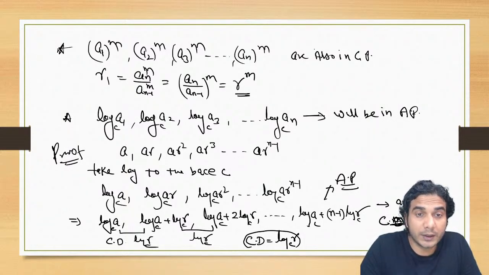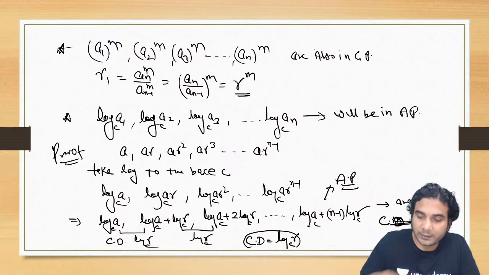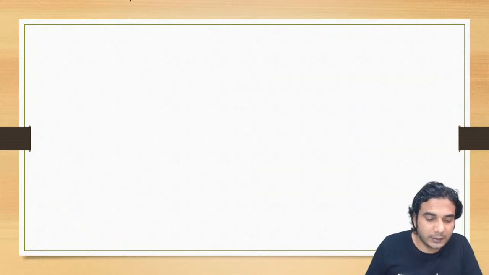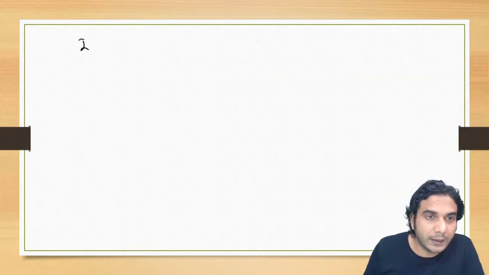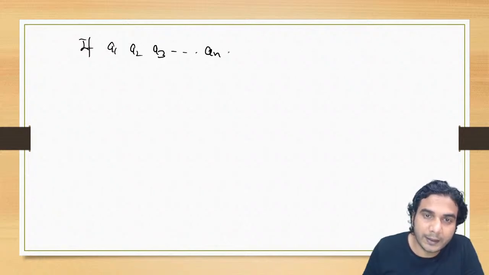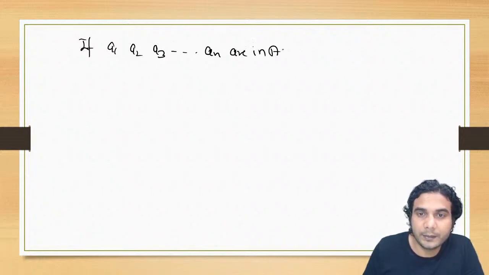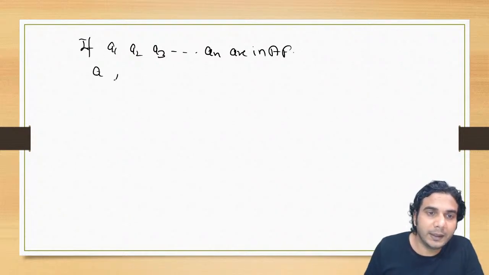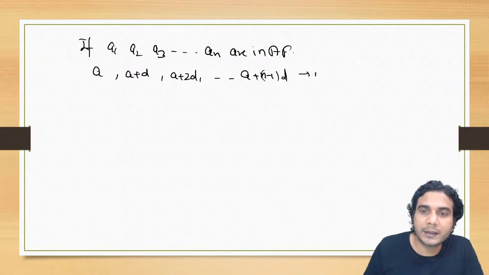Log is different. Like log, if you put all the terms of an AP to the exponent, let me tell you that property here. It's an inverse of log. If I say A1, A2, A3 and so on up to AN are in AP, so let's take numbers like this: A, A plus D, A plus 2D and so on, A plus N minus 1 into D. This is AP.